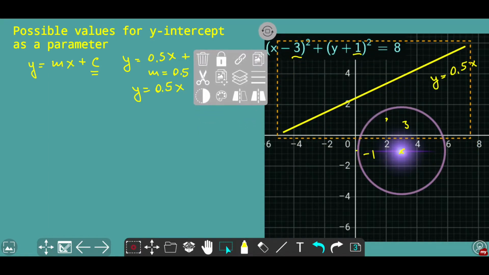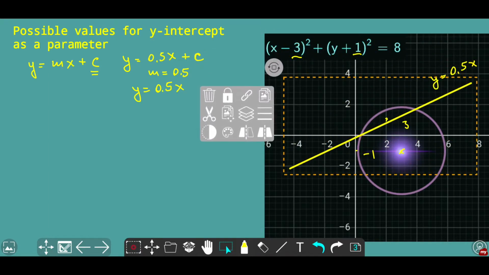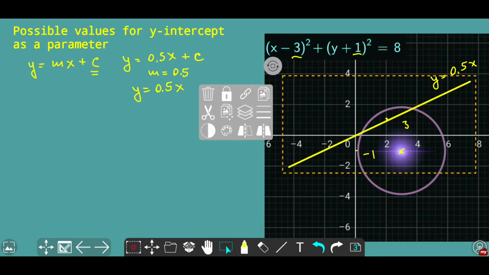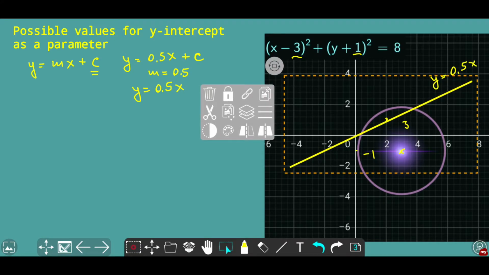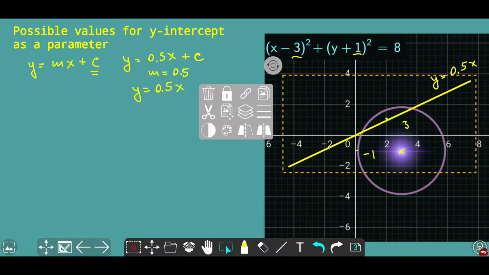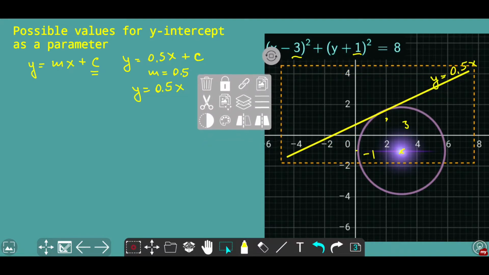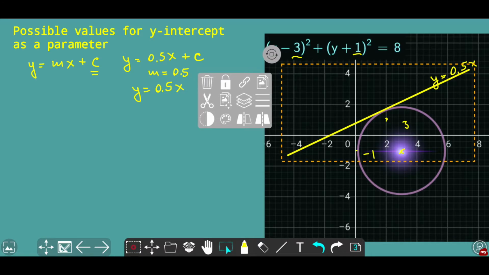You can make up or down translations, basically vertical translations. I want to explore for which value of c I will have, for example, just one touching point. As you can see here, that's one case.